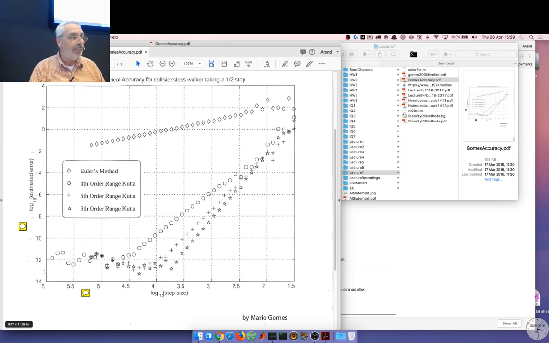And around 10 to the minus 13, apparently. So it has to do with the problem, and also with the method. And you also see that if you use Euler, you're never going to make it. It's not going to work. So higher order methods do help. And you also see that you can attain higher accuracy with higher order methods at a larger step size.